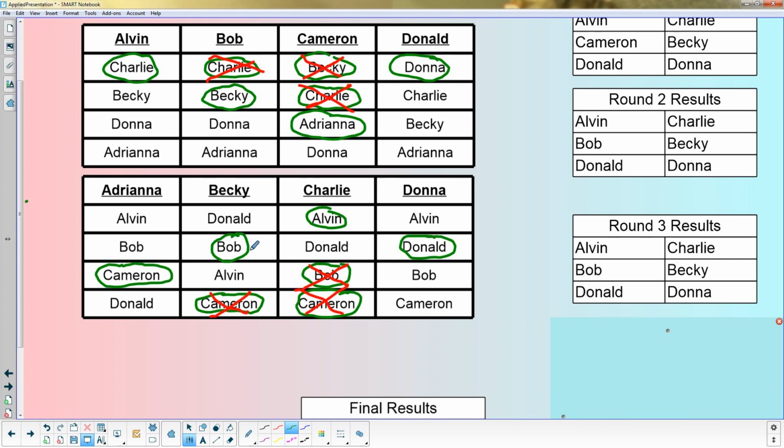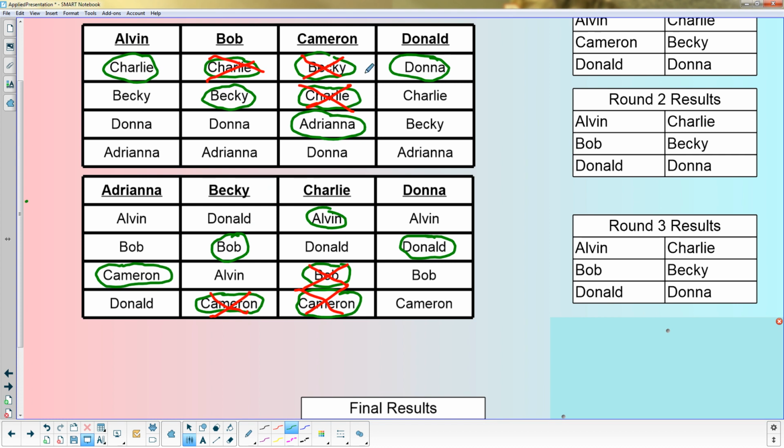Becky has only ever received proposals from Bob and Cameron, and she prefers Bob over Cameron, so they're going to go to the dance together.